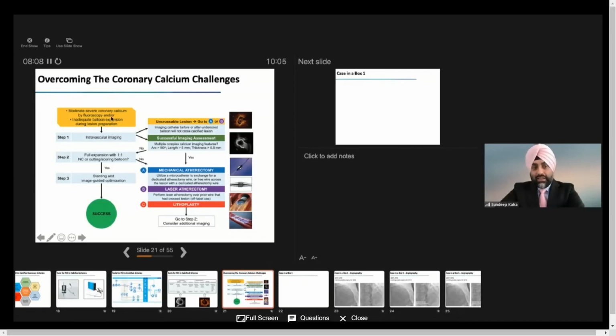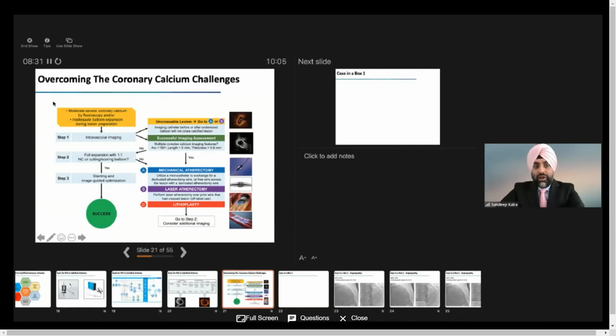I would add a third point to that. A lot of my elective patients arrive on my cath lab list following assessment with a CT coronary angiogram. And if I know that a patient has got a high calcium score on their CT coronary angiogram, they are another subset of patients that I would automatically use intravascular imaging on before making any decisions on how to treat the vessel.